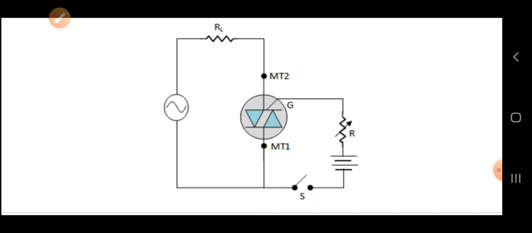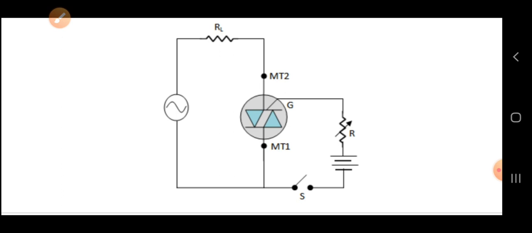Between the gate and MT1 there is one power supply and one switch, and this operation can be explained when the switch is open. There will be no gate current, and the TRIAC is in turn-off mode.